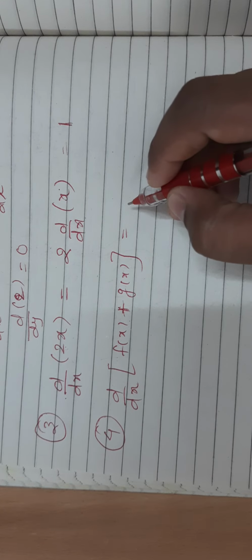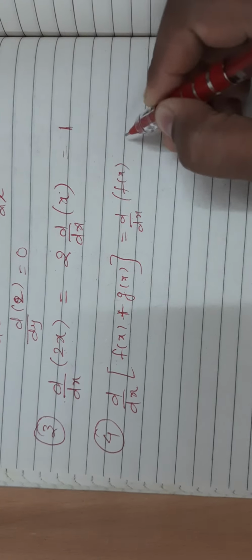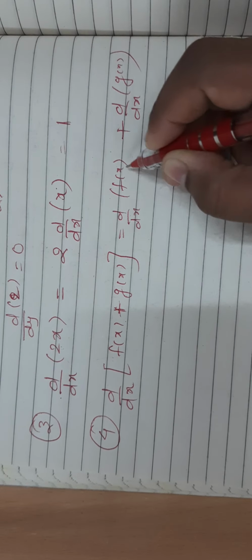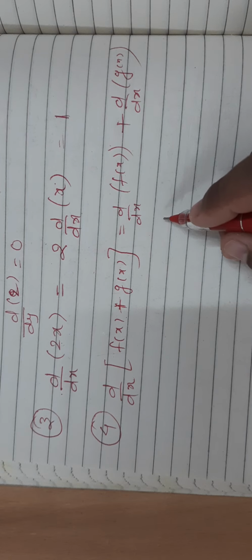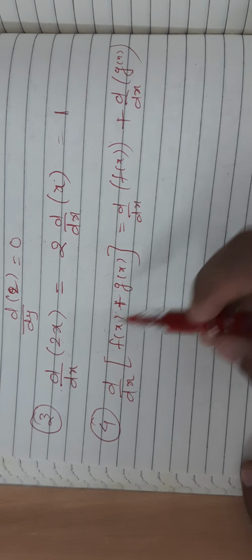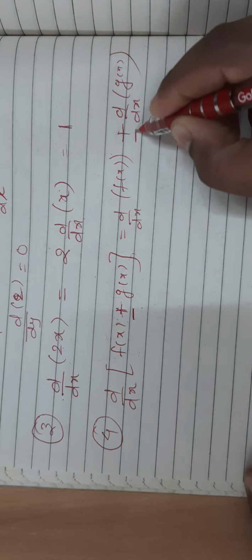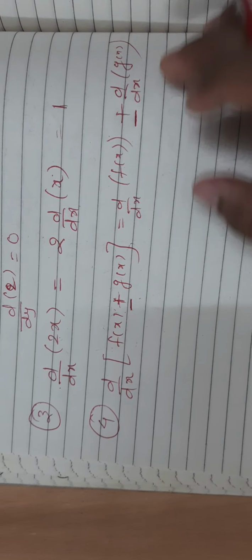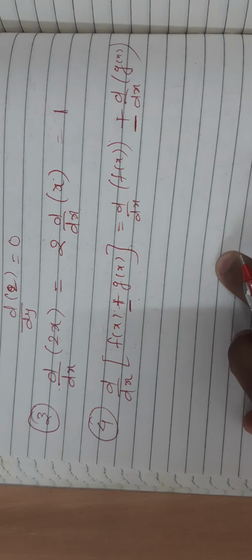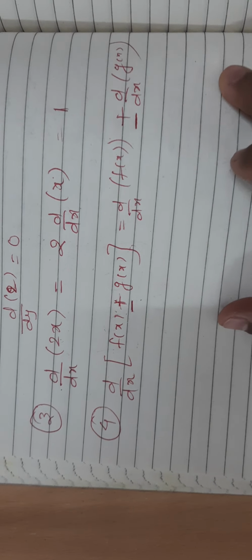Then it's simply algebra, so we will find d by dx of f of x plus d by dx of g of x. So in this case we'll find the differentiation of this plus the differentiation of this, and if it is a minus sign, then minus. But this will not happen with multiplication and division. For multiplication we have the product rule, and for division we have the quotient rule.